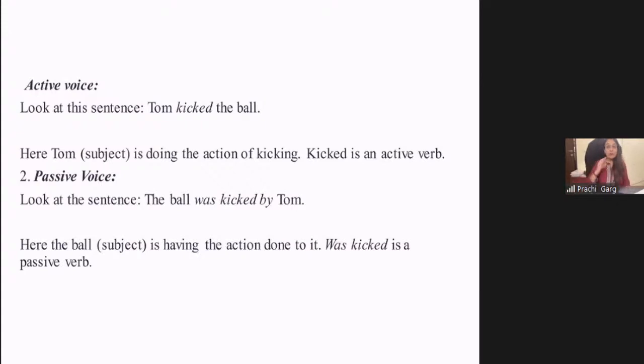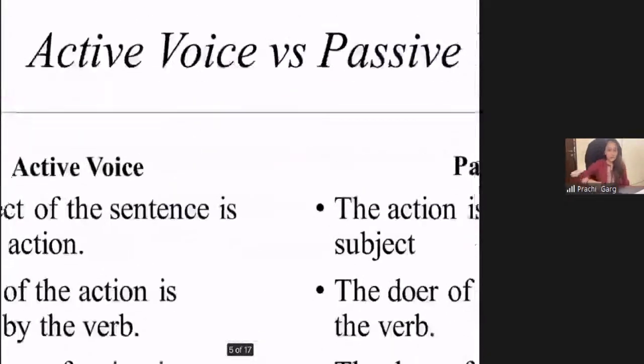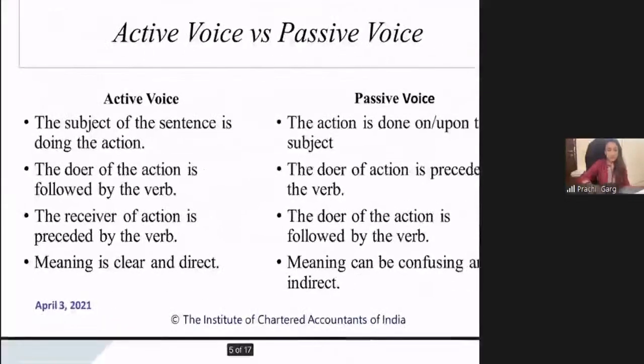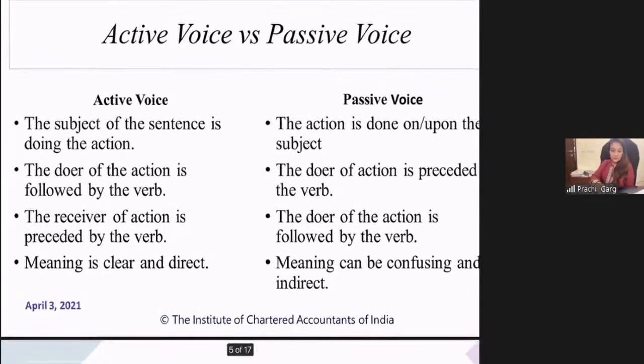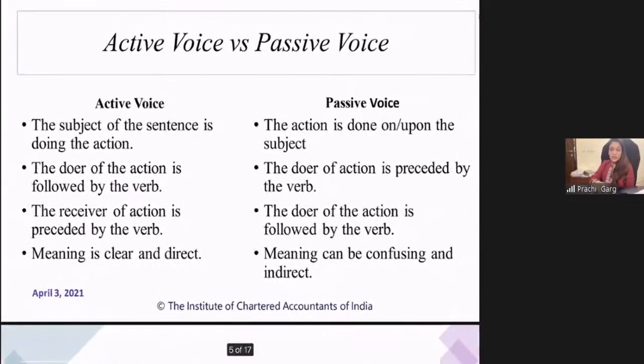Now the focus has shifted from Tom to the ball. The ball will become the subject, and then there is the verb, and then there is the object. Are we clear? Don't worry, I will be explaining it to you after this PPT. I will be writing and then showing it to you how this happens. But before that, just understand the basic meaning of active voice and passive voice.